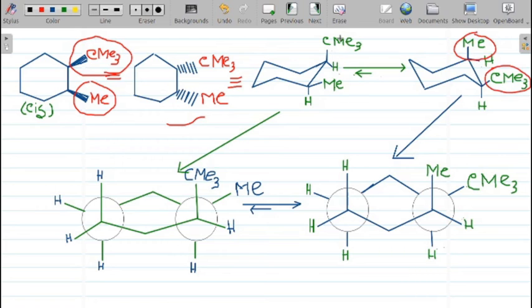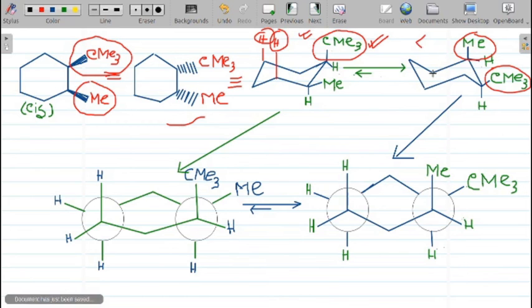So you can see that there will be more clash between this tert butyl group and these two hydrogens, that is, there will be more 1,3 diaxial interaction in this conformation than in this conformation.